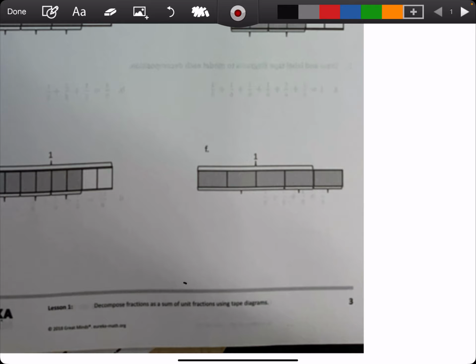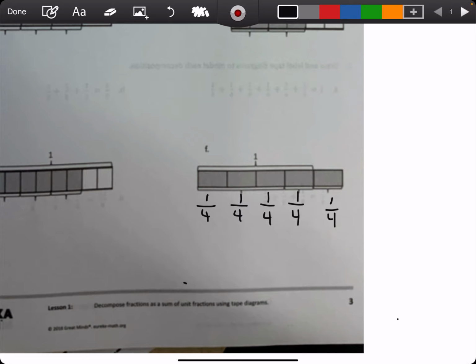There's only 4 pieces in my whole. So this is a fourth, this is a fourth, this is a fourth, this is a fourth. There's my whole, my 4/4, and then I have another piece which is another fourth.